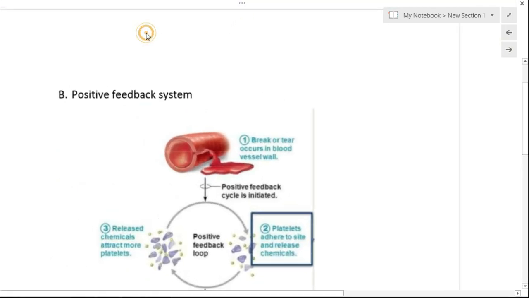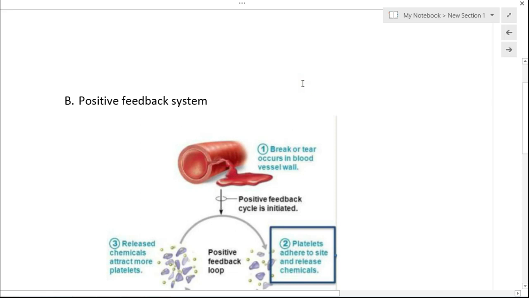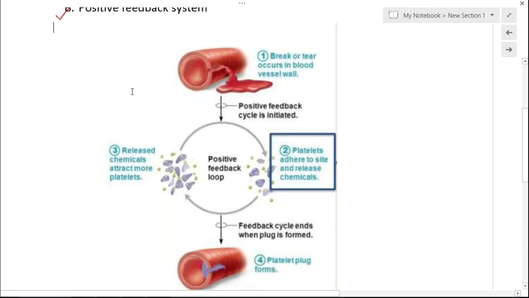Blood clotting is regulated through a positive feedback mechanism. Another example for positive feedback mechanism is lactation. Another one is childbirth. For negative feedback we studied blood sugar regulation, blood pressure regulation, and temperature regulation.